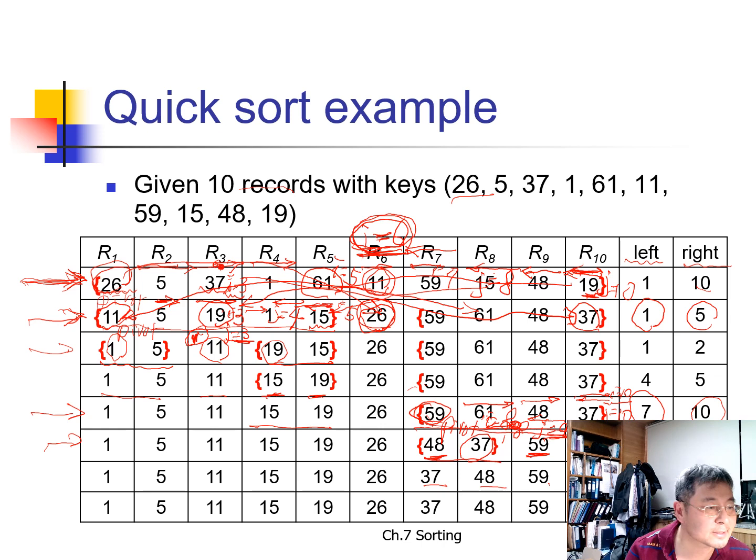So that's the final result of this quicksort problem. If you want to understand well, you must examine all of the data here in detail, and then you will understand how it works. That's very interesting too.